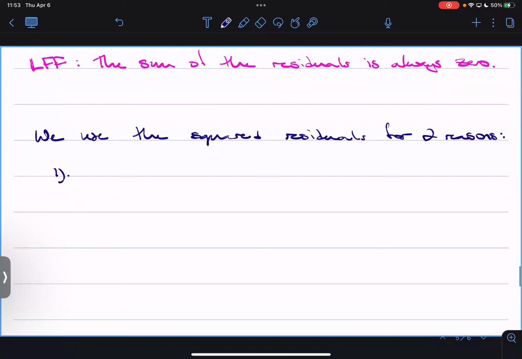But the reason we don't use the absolute value is this: if I take a residual of -1 and square it, it becomes +1. But if I take -2 and square it, it becomes positive 4. Now I'm amplifying these larger distances, because I need to get my line to go and minimize those residuals.